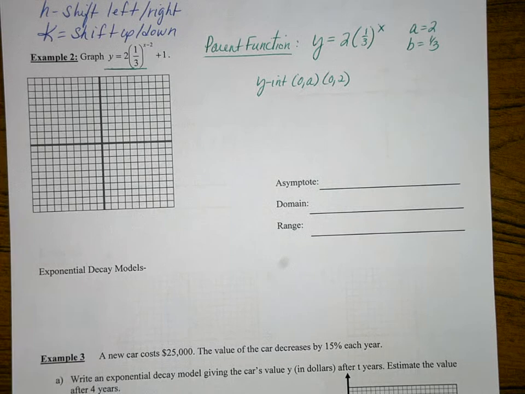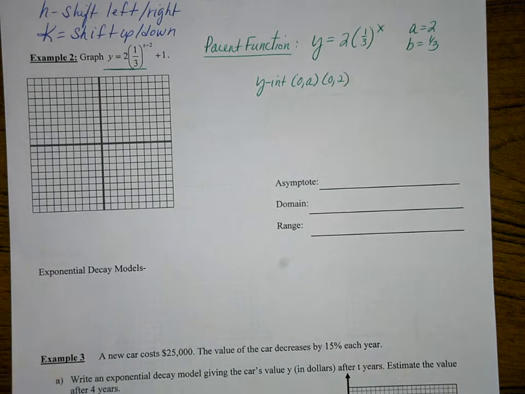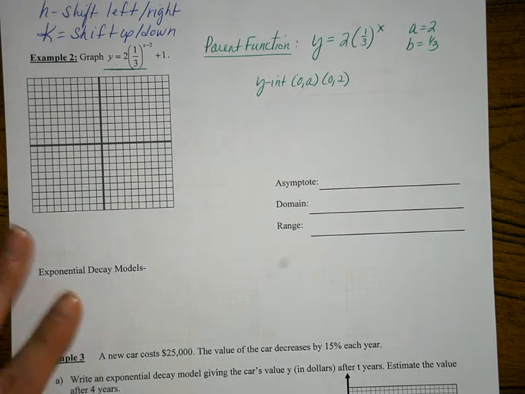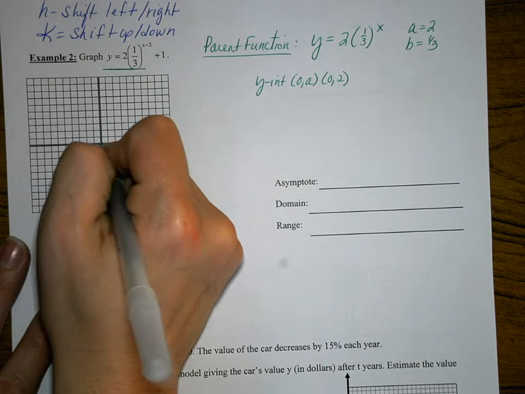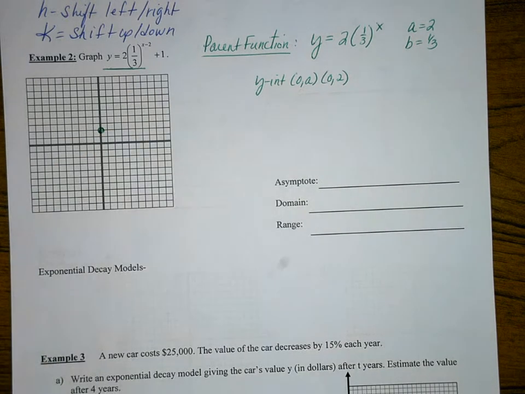Now I need to make sure that I really tune into the fact that my b is 1/3. How is this graph going to look? Is it going to go up and to the right or down and to the right? Down and to the right. My b value is 1/3. It's between 0 and 1. It's going to go down and to the right. Okay, so 0, 2 means I go up 2 and I make a point. All right, Alex, what do I do next?